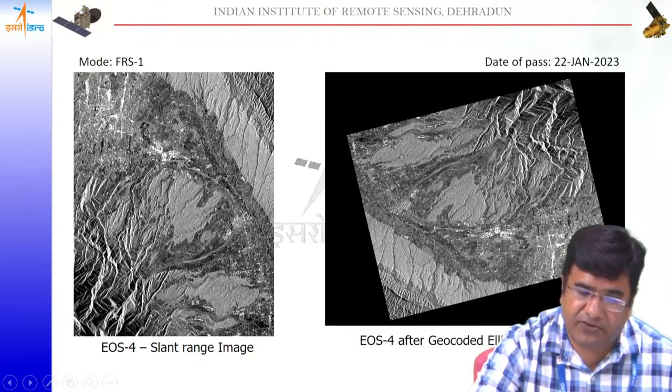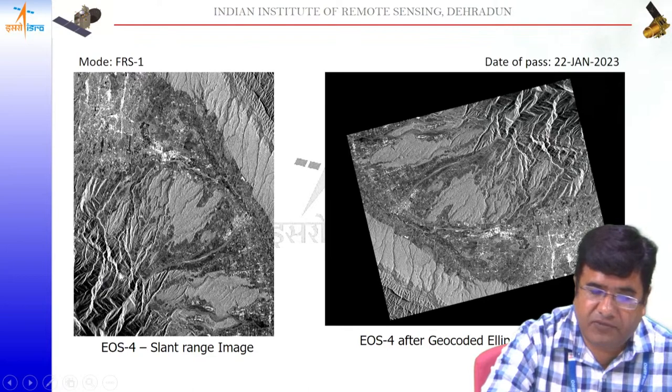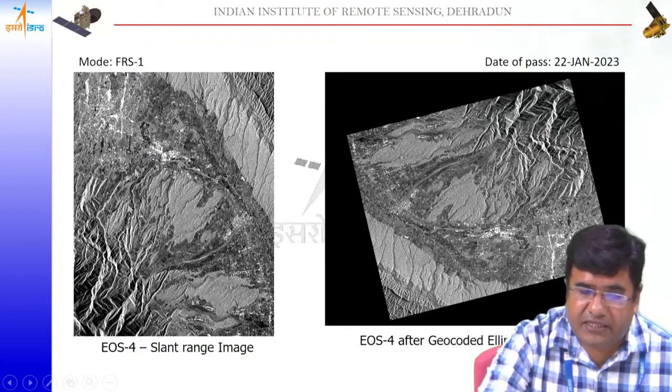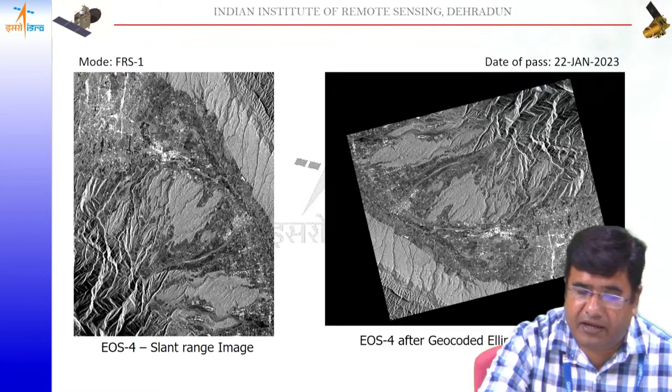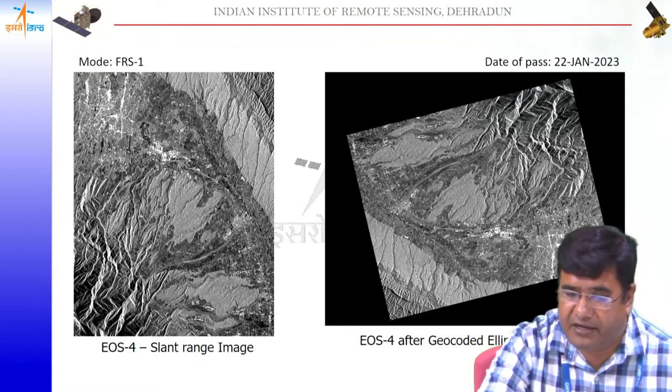So you are seeing there is a flipping in the azimuth direction. So in the slant range there will be flipping, and there will be flipping in the range or azimuth direction based on the ascending or descending or right or left look data.